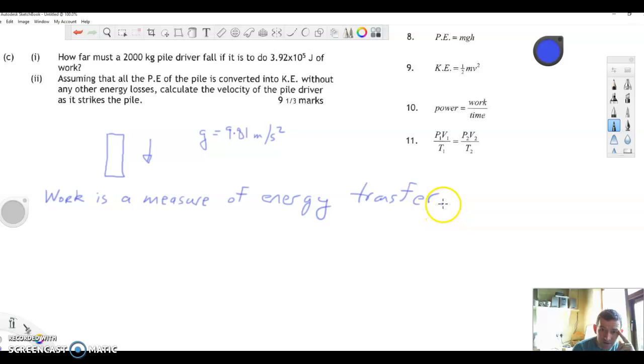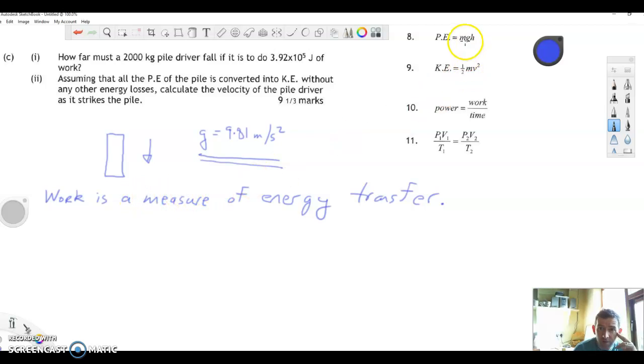So as the pile driver falls, its potential energy is converted into kinetic energy. It loses potential energy because it's losing height, but it's gaining kinetic energy because it's accelerating and its velocity is increasing.